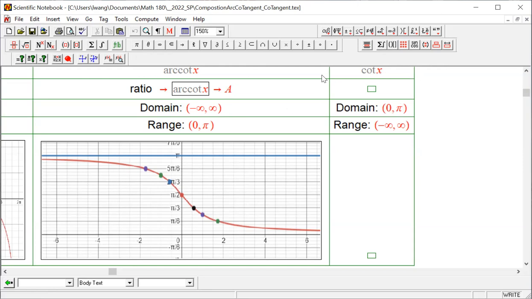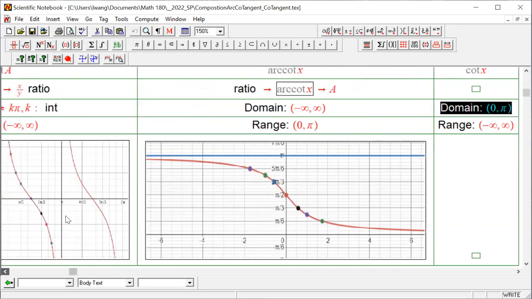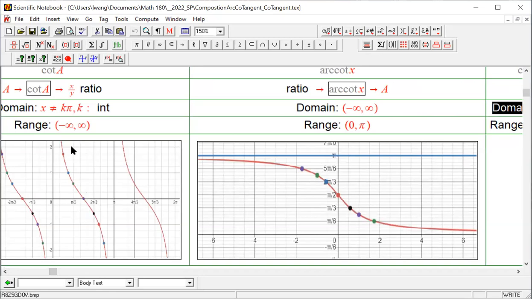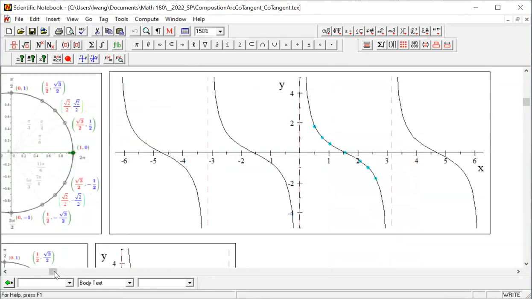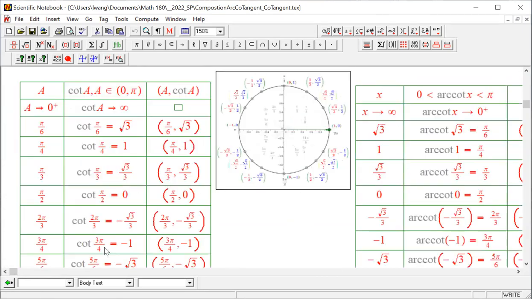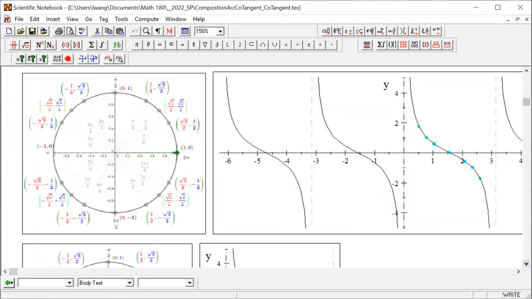So these two functions are inverse to each other. You can see one's domain is the other's range. Basically, it is a piece of the cotangent as we speak of this piece. I think I have that picture done by itself right here. I found it.